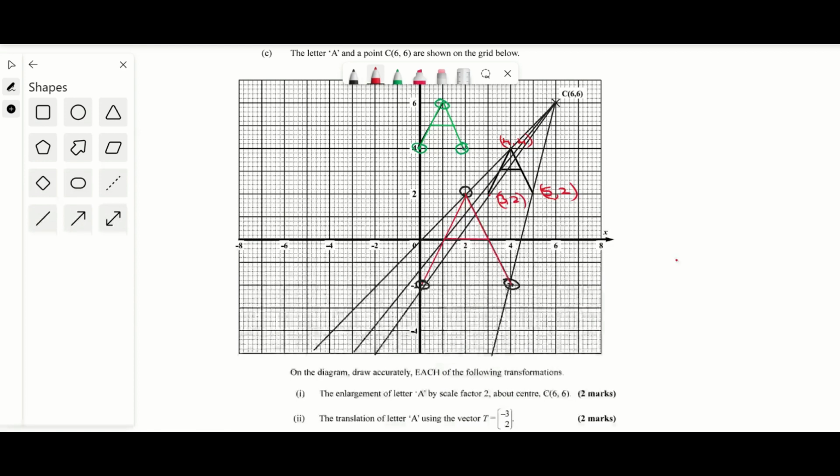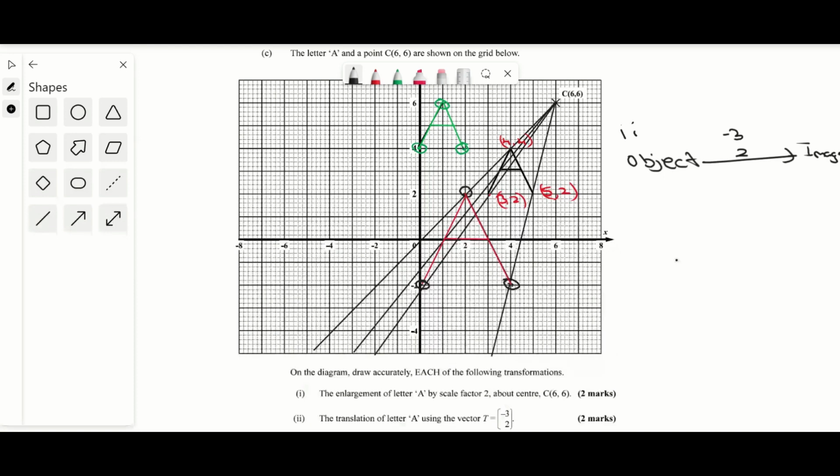And what you're going to do is take the coordinates for your object to get your image under a translation of (-3, 2).